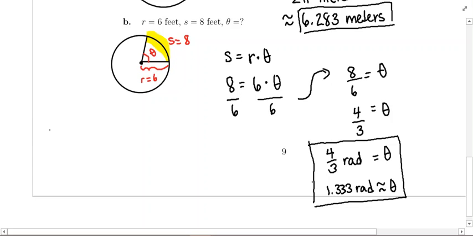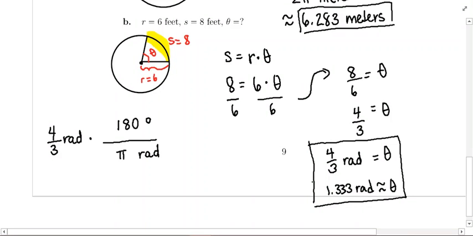We have 4/3 radians, so we're going to multiply by our conversion factor. We want radians to go away, so since we have radians in the numerator, we put radians in the denominator to make it go away, and degrees on top, because that's what we want to be left with. Essentially we're multiplying by 1. Our conversion factor is that 180 degrees is the same thing as pi radians.